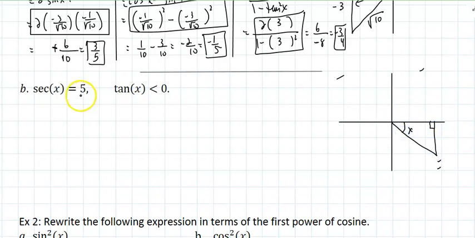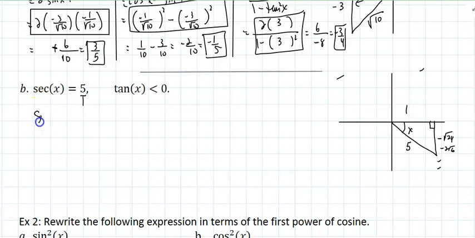There's x. This is the hypotenuse over the adjacent. So that makes the y negative in this quadrant, and it's the square root of 25 minus 1, square root of 24, or simply 2 radical 6. Either way.